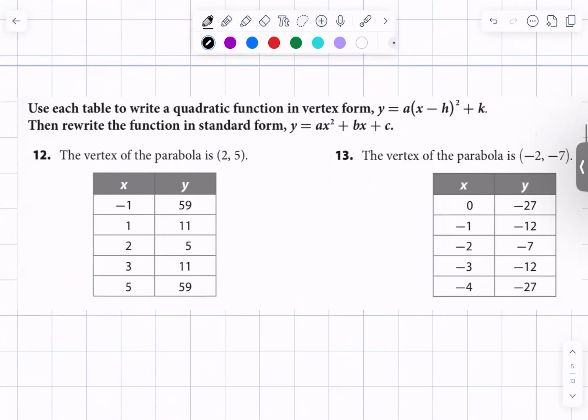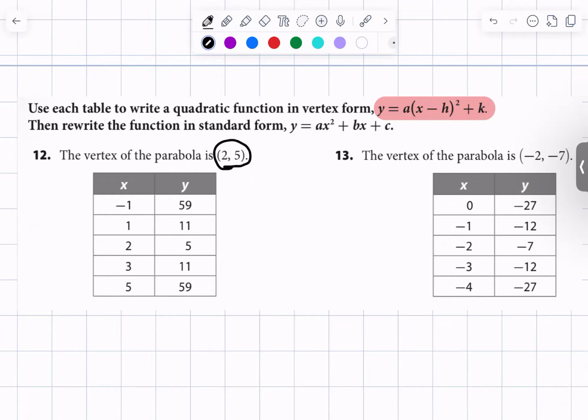Now it says use the table. Instead of just giving it to us, they give us a table of values to write the quadratic function in vertex form. And remember, vertex form, right, is right here. y equals a times x minus h quantity squared plus k, and then rewrite it into standard form. So here you're given the vertex at 2, 5, right?